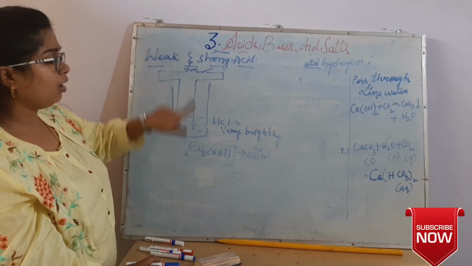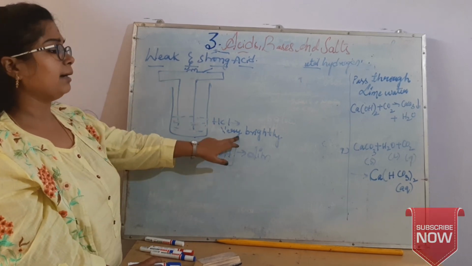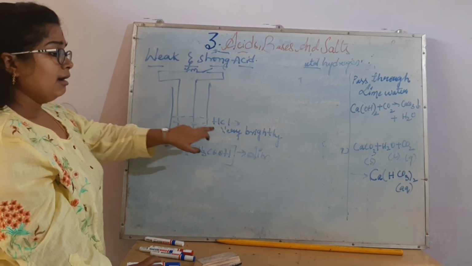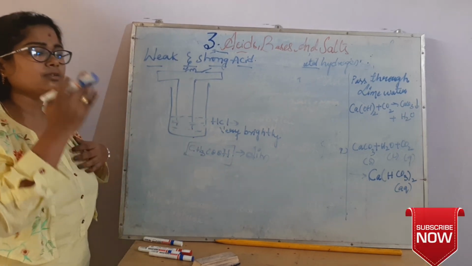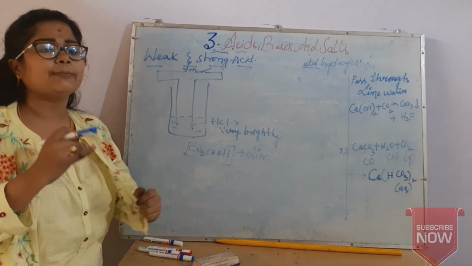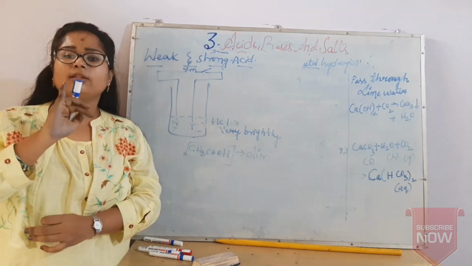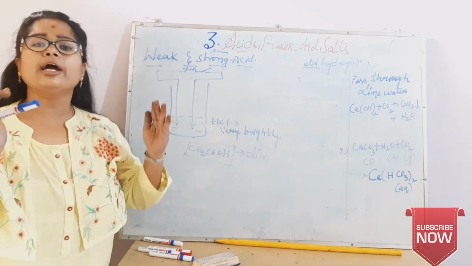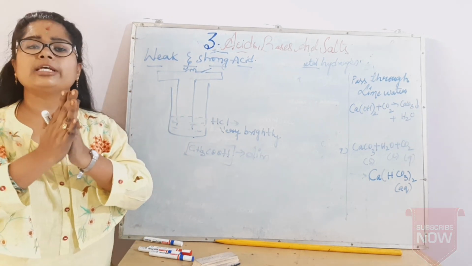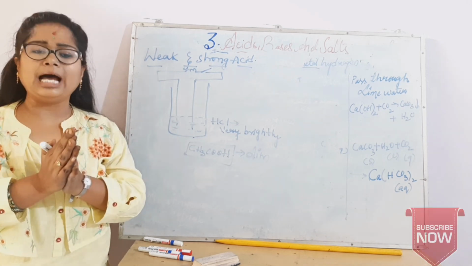So the bulb will glow dim in weak acids when compared to a very strong acid. So the hydrogen ion concentration of an acid depends only on the acid's dissociation.